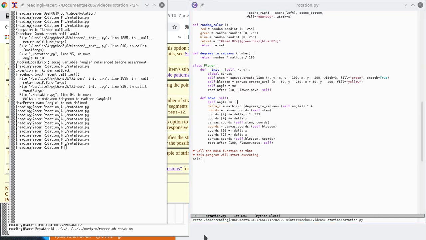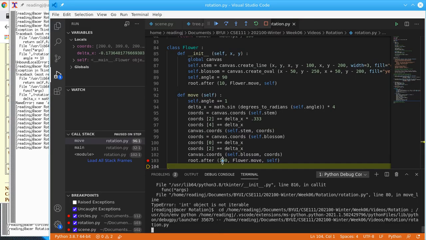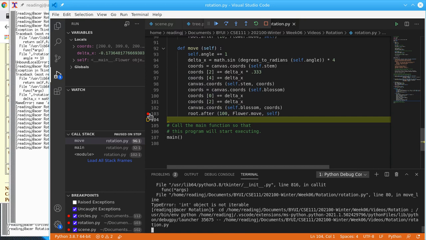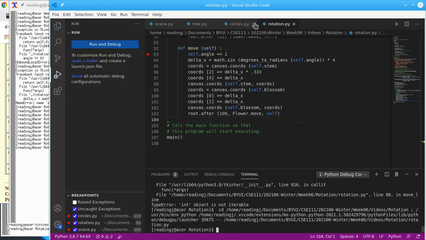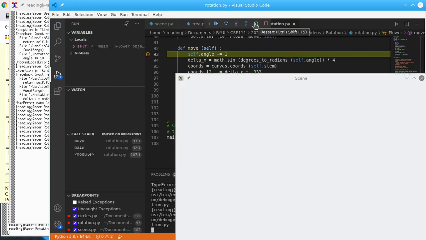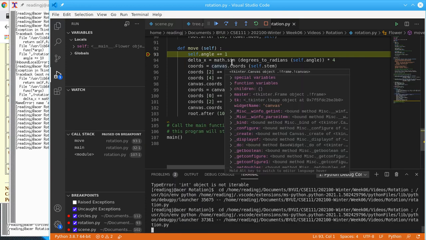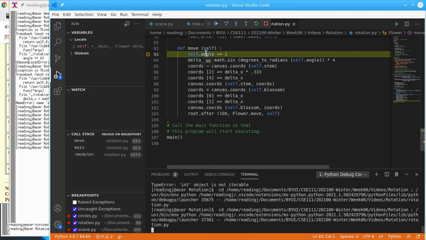Well, let's go back to the debugger and let's put a breakpoint. Okay, let's try that and let's restart. And we got to here. Okay, so self.angle is 90.